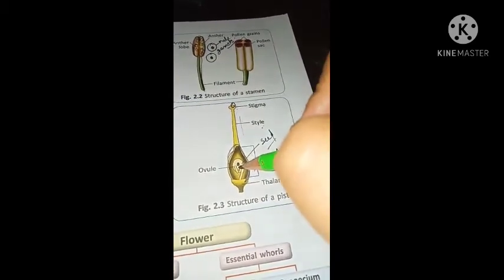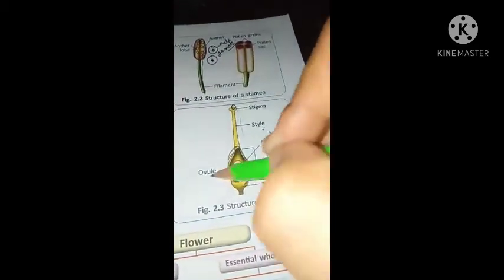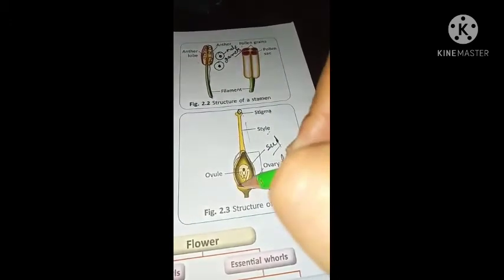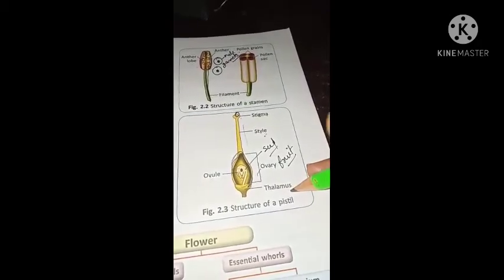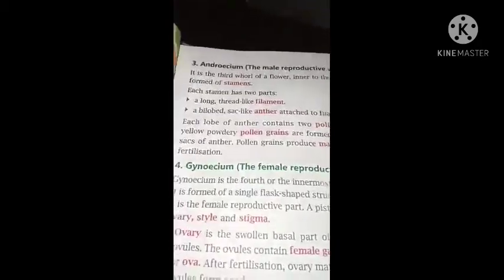Inside the ovary some ball-like structures are present which are called ovules. These ovules later on become seeds, and this ovary is settled on the thalamus. Okay, so this is, children, about the structure of a flower.